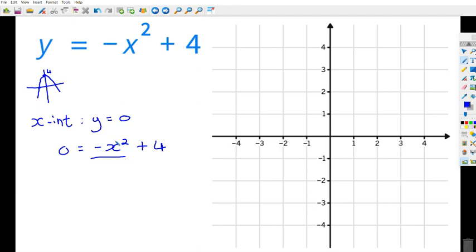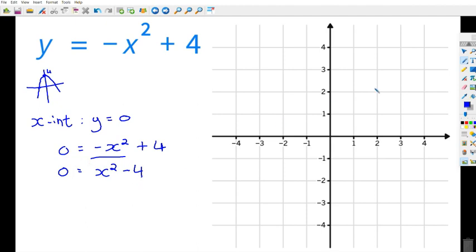You can either divide everything by negative 1. I mean everything. So I'm dividing this by negative 1, and the 4 by negative 1, and the 0 by negative 1. So, if I do that, I'm going to get 0 this side, because 0 divided by anything is 0. I'm going to get x squared, and then minus 4. Okay, that's when I'm dividing everything by negative 1.